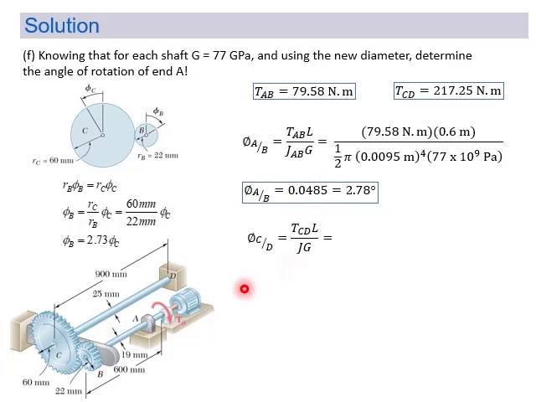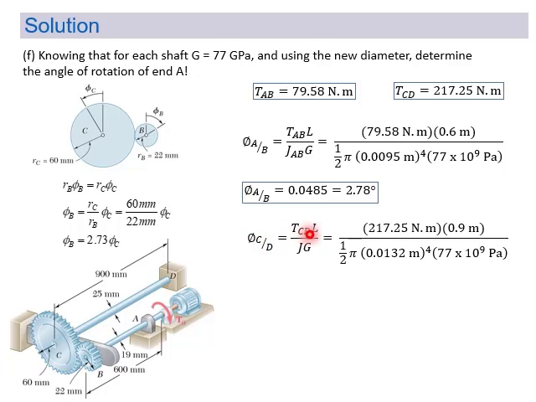Similarly, because we know that shaft CD is also loaded by a torque from gear B to gear C, we can also calculate the twisting angle of shaft CD. We have calculated before that T_CD is equal to this value. L is the length of shaft CD.